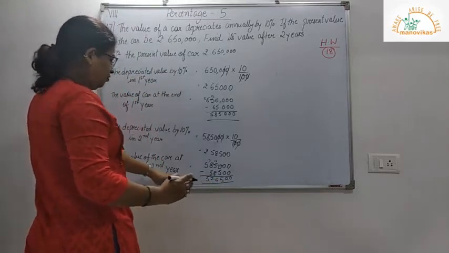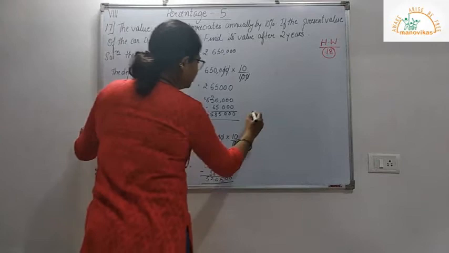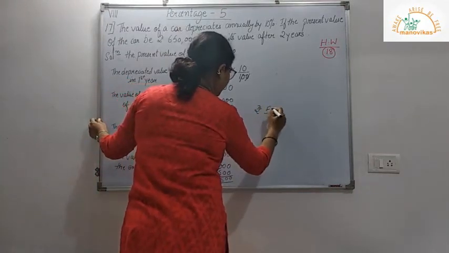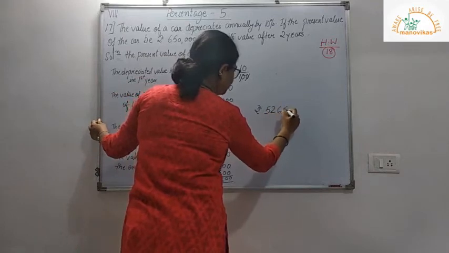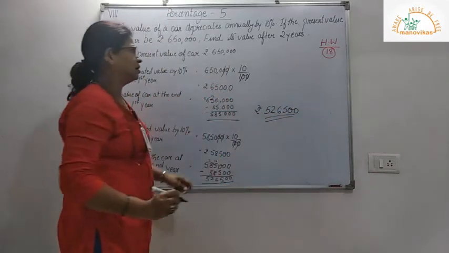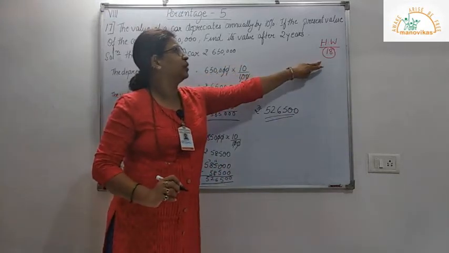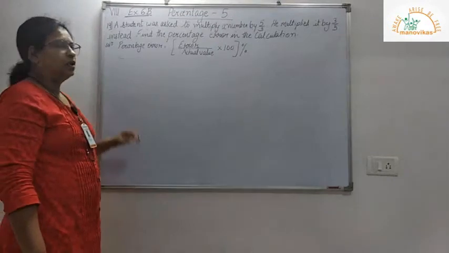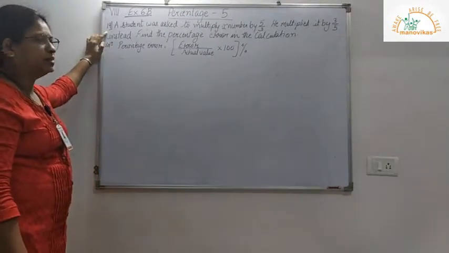So at the end of the second year, the value which we get is rupees 526,500. So this is my final answer, and 18th sum you can try out for homework, which is similar to this sum. Now we move on to the 19th sum.